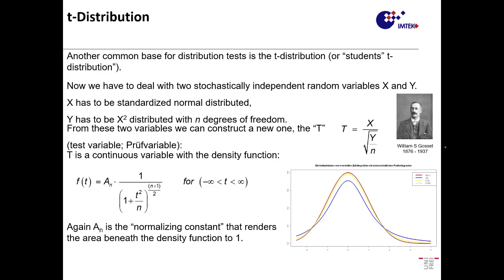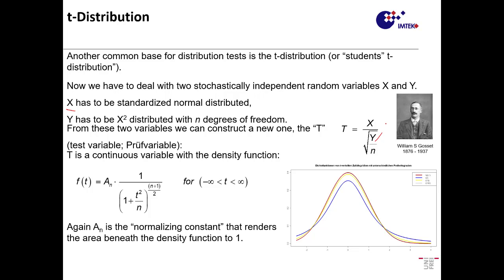And then he said, if we just have a variable x that follows a normal distribution, and we divide it by another variable that follows a chi-square distribution, that gives you a new distribution that better follows the data he was using. Okay, and he called this the student t-distribution.